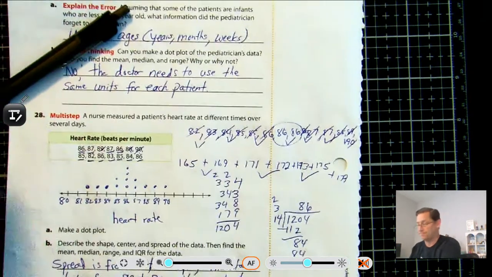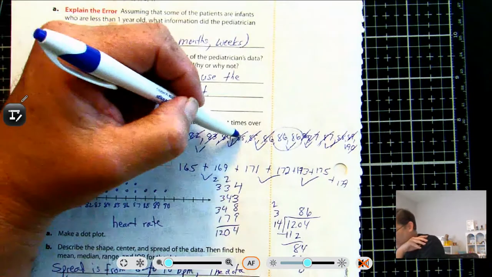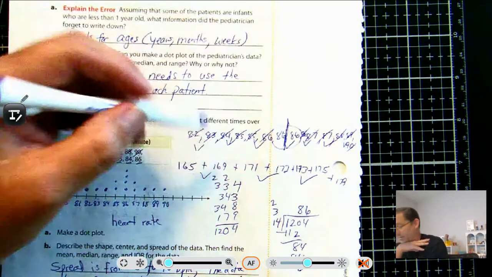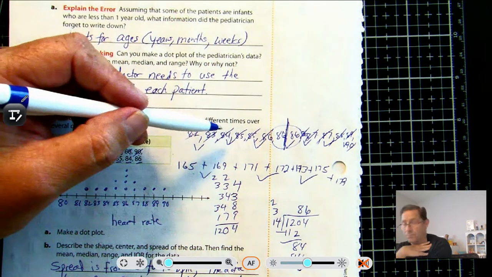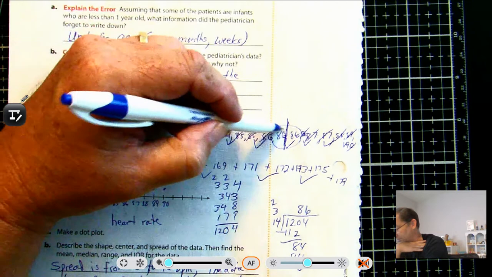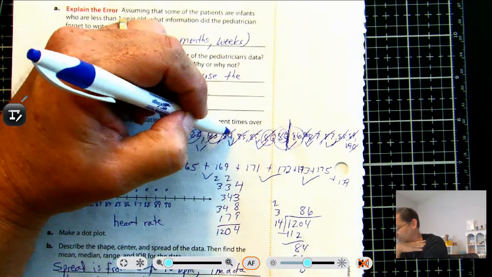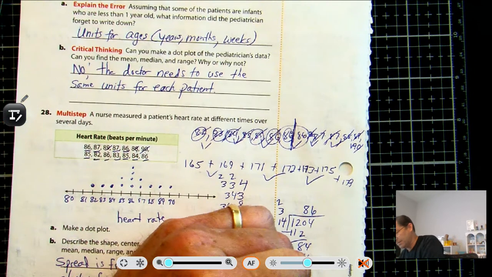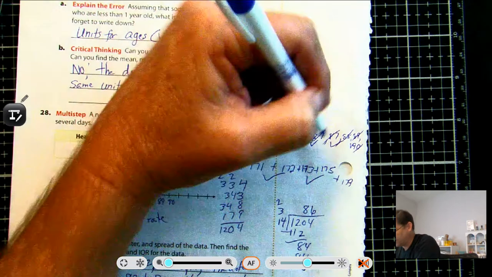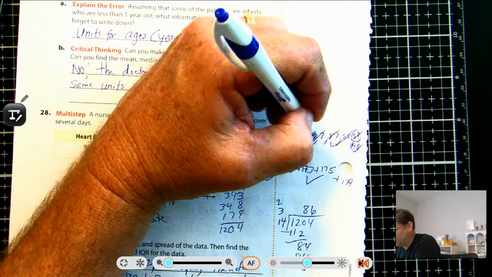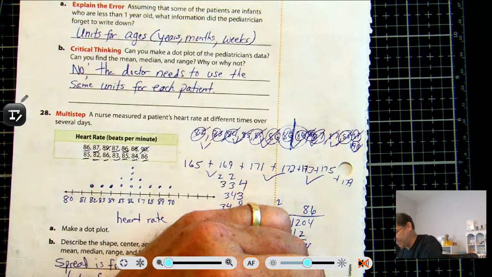All right. So 2, 4, 6, 7. 1, 2, 3, 4, 5, 6, 7. Okay, so the lower quartile is 85. The upper quartile is 87.